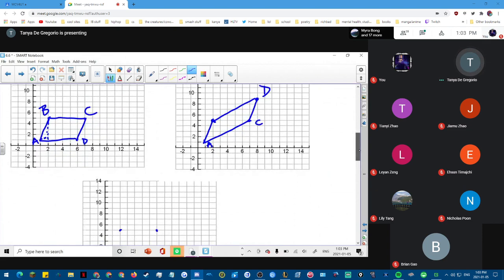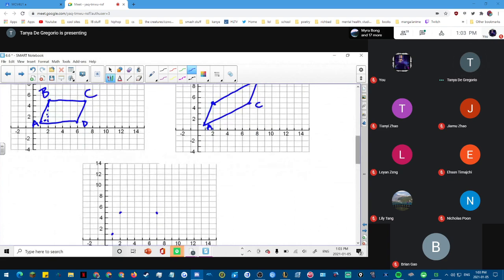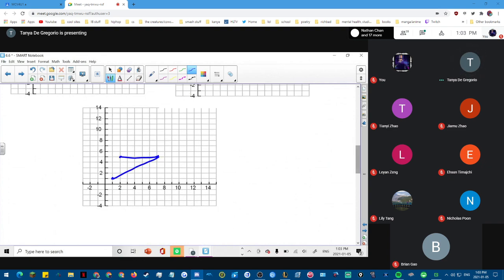Well, what about if this time I connect B and C? What about if I do this, and I do this. Now, do you guys see it? So what's my next coordinate? What would it be? Anyone?